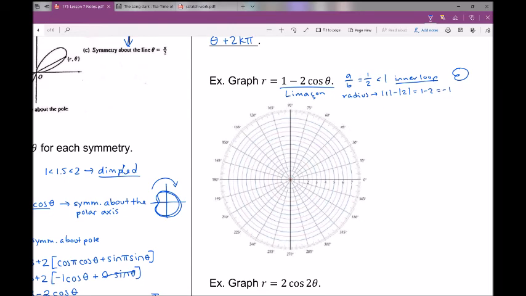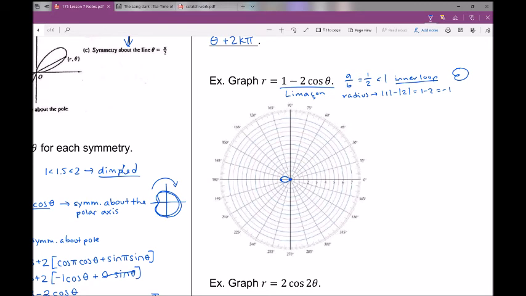So what this tells us is that our radius is going to be on this side of the graph, like this rather than on this side like in the example before. So we're going to have an inner loop where we have a point here, and that's the inner loop of my limaçon.